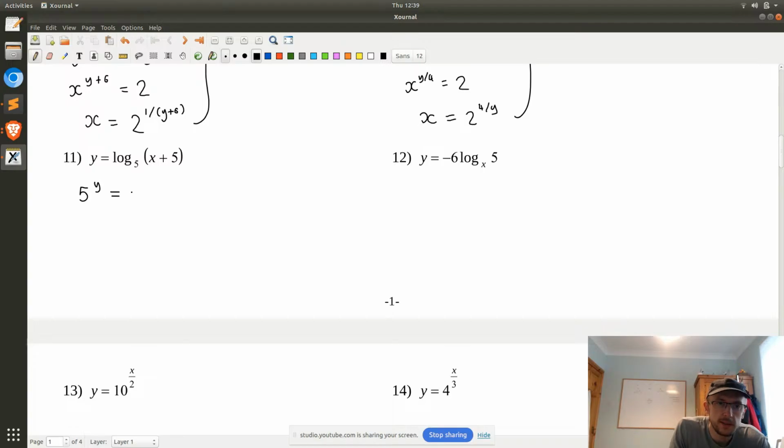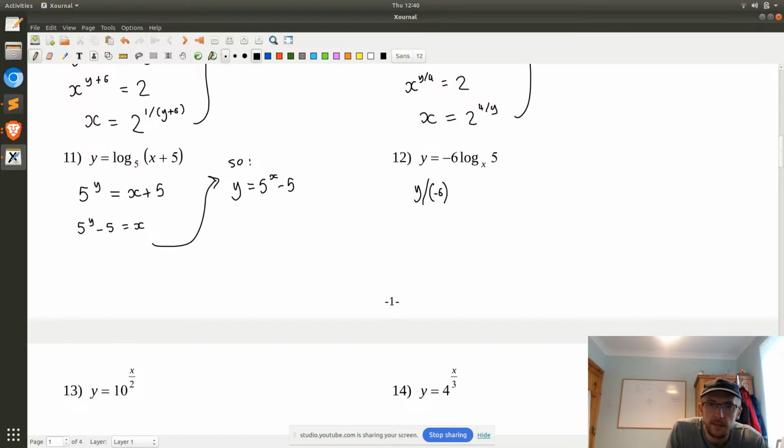Five to the power of both sides. And then take 5. Like that. Both sides over -6. X to the power of both sides.